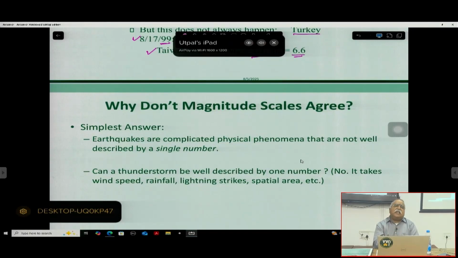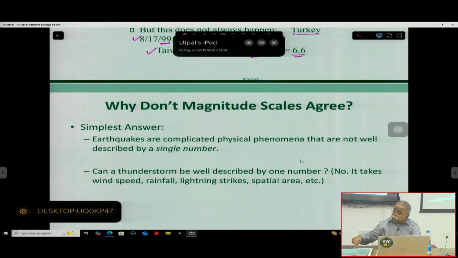These are all factors that will affect the recorded values. So we may not get the same numbers, because this is based on empirically observed, recorded data. We should not get the same numbers.